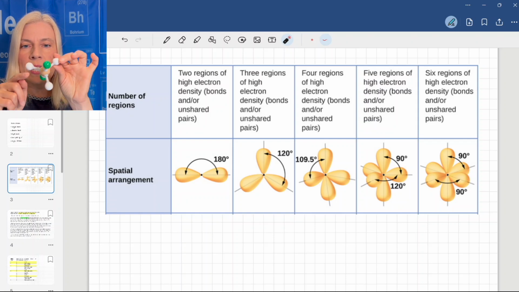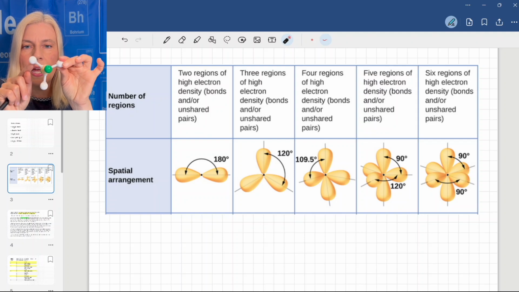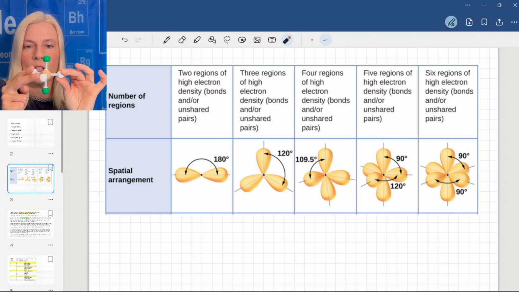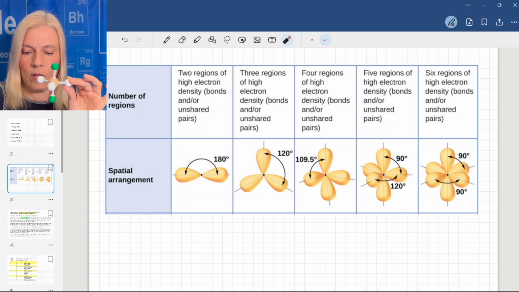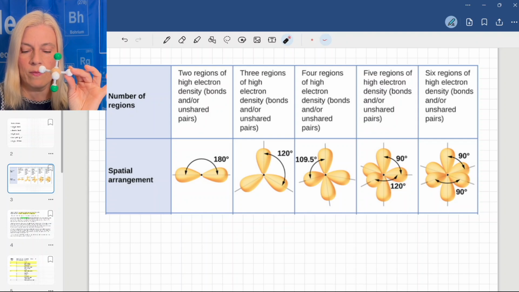And the degree angle between the white atoms, which are called equatorial, on the equatorial plane, is 120 degrees. Hopefully you can see this here. Here is my equatorial, and they are on the same plane, and there is 120 degrees between them.